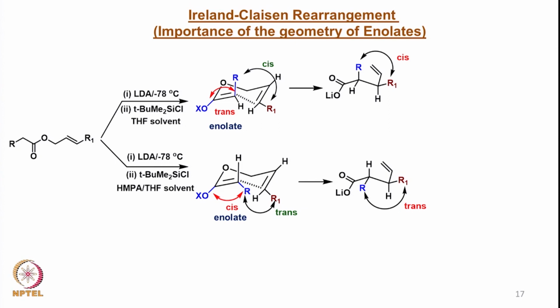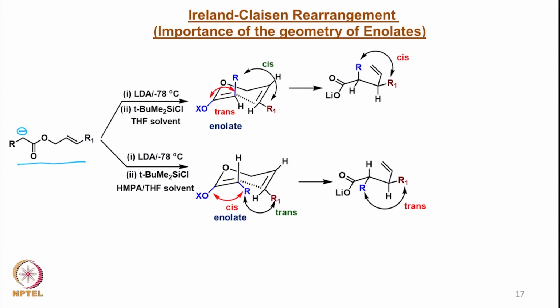Of course, there we also saw that the Lewis acid made a difference, but in this particular case we start with allyl alcohol and its ester, that is allyl ester, where you have a possibility of deprotonation here.